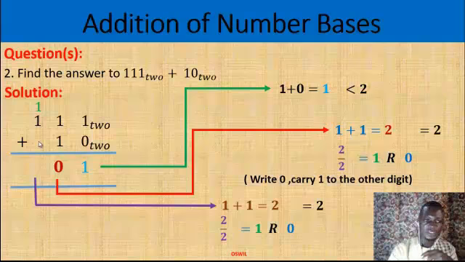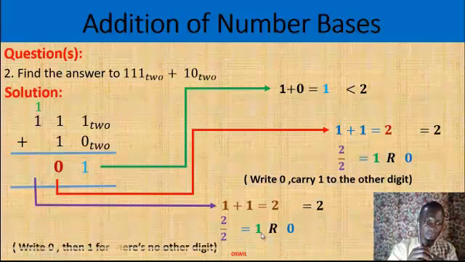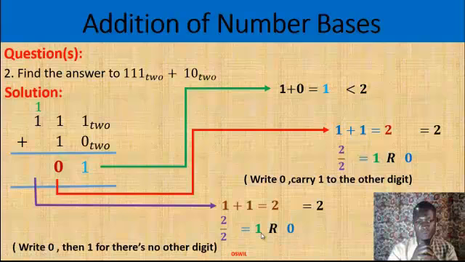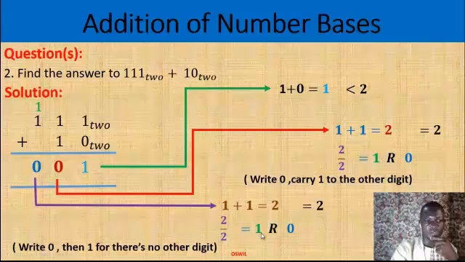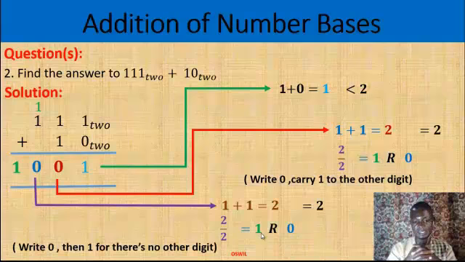Then, because these are the last digits to attend to, we write our remainder and then the quotient. So we write the remainder first, which is 0, and then we write the 1. So 0 is showing on the screen. Then we write the 1 because there is no other digit to attend to.